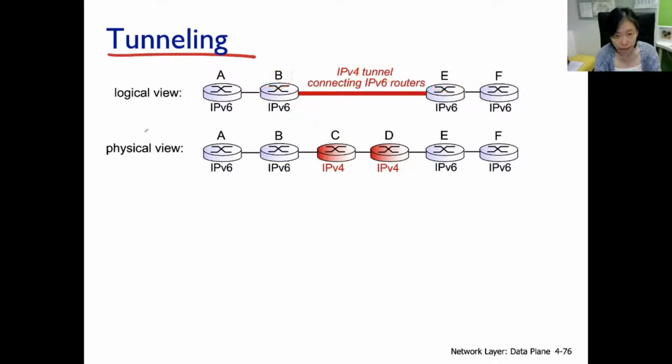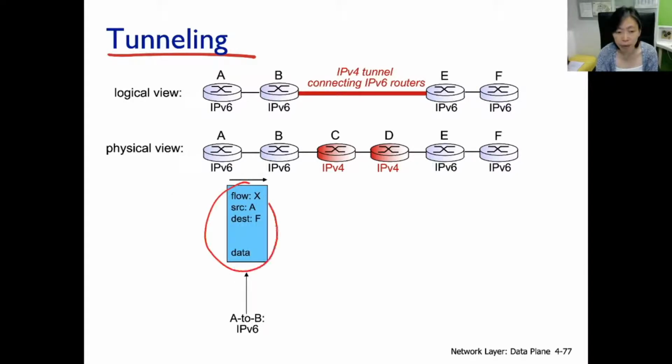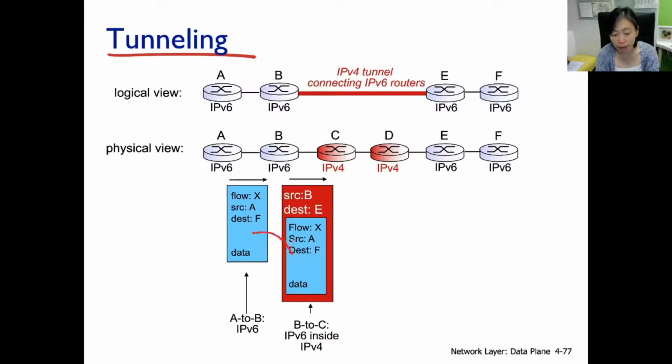Once that is done, let's consider A here generated the packet, the blue one, and we're forwarding it towards the destination. Once it hits the border router here before the IPv4 space, B, the border router, is going to encapsulate the blue packet inside a version 4 packet.